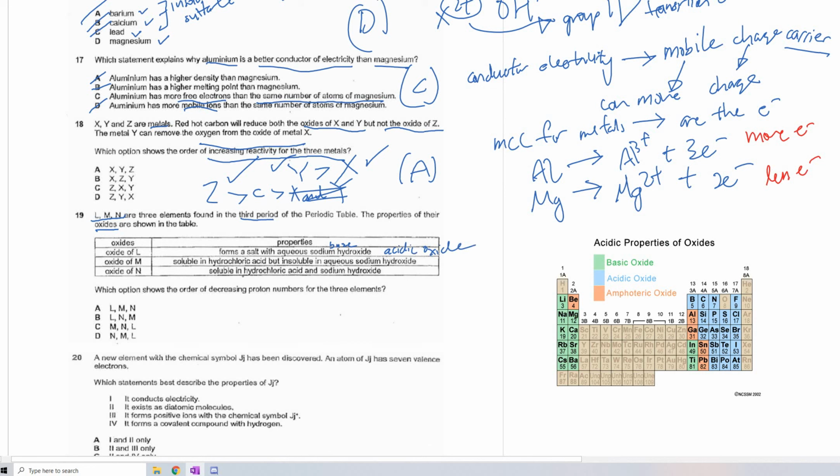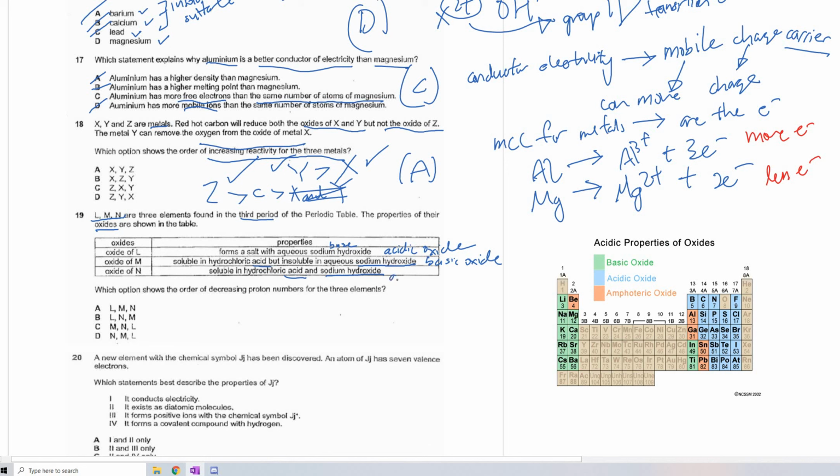Oxide of M is soluble in acid but insoluble in base. That means it can react with acid, so it must be a basic oxide. Lastly, oxide of N is soluble in acid and base. That means it can react with both acid and alkali.